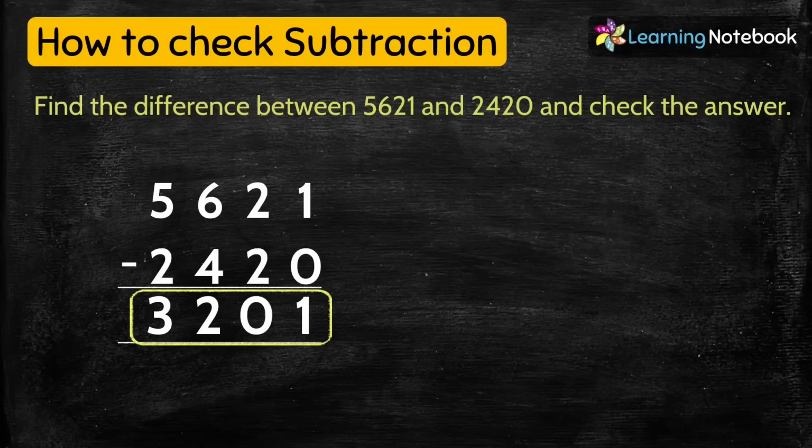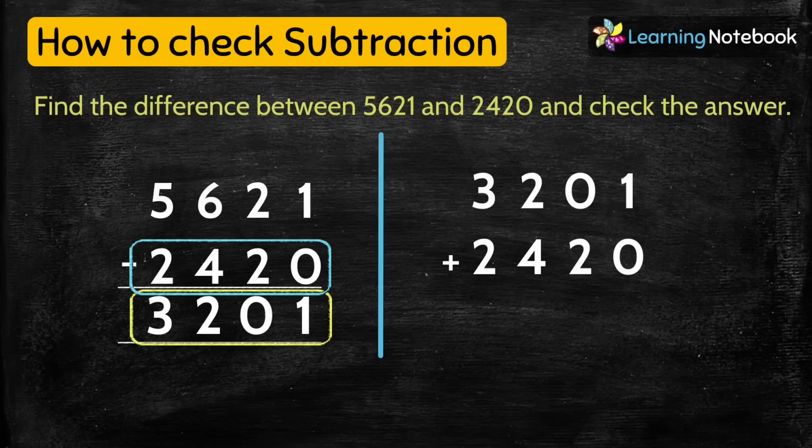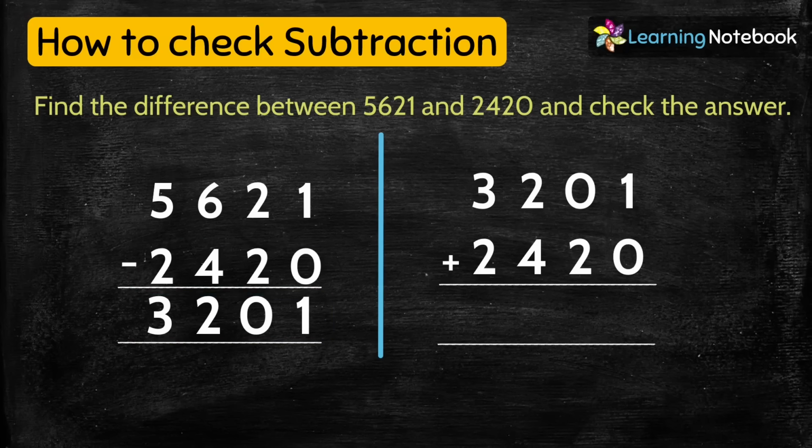Now students, to check this answer, we will add this difference and subtrahend, which is 2420. And if their sum is equal to the minuend, that is 5621, then the answer is correct.